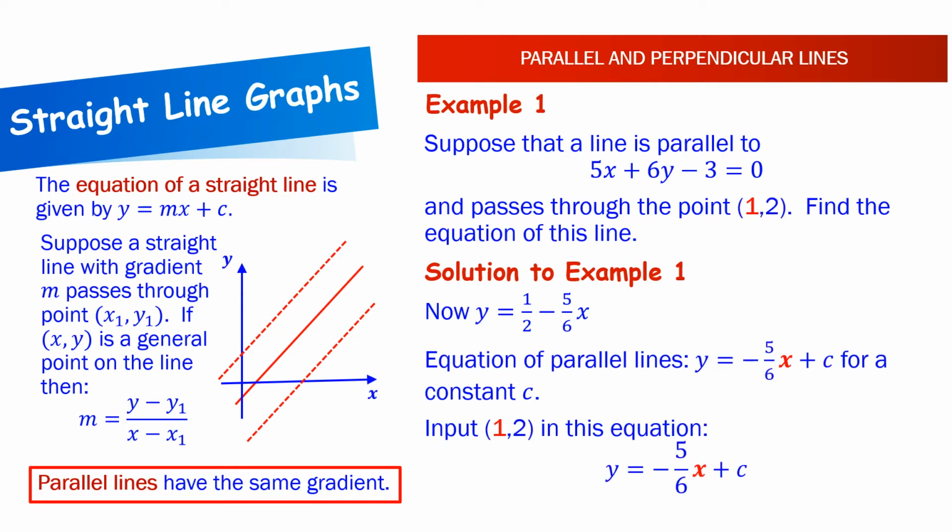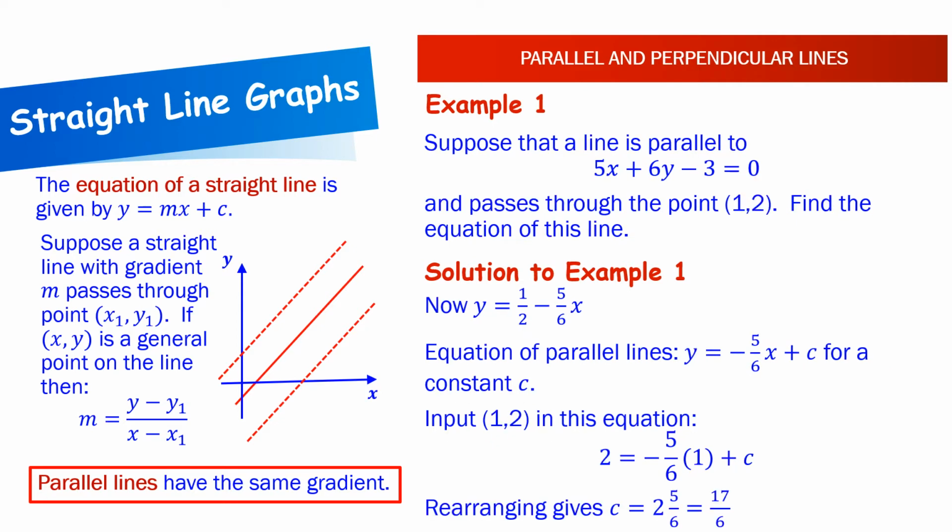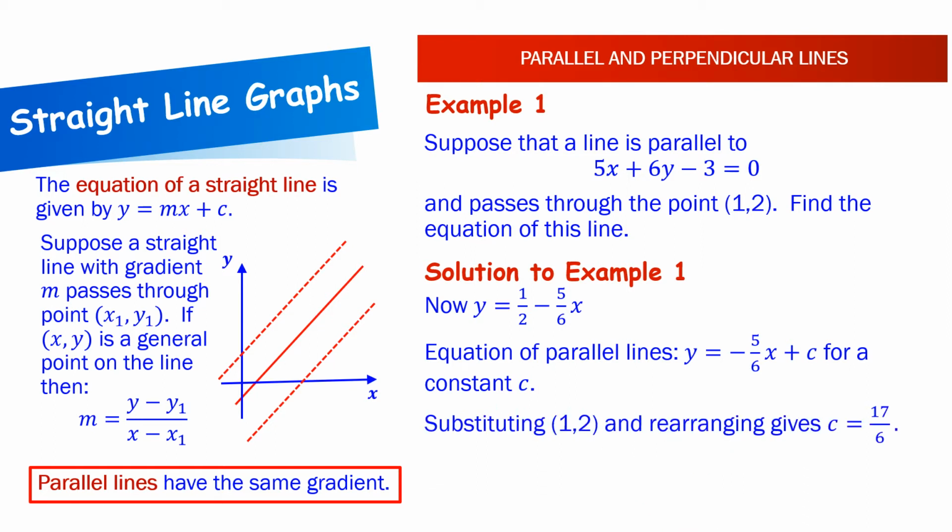X equals 1 here, as shown, and y equals 2 here. Then rearrange to give c equals 2 and 5/6, or 17 over 6. Therefore, the equation of the line is y equals minus 5 over 6 x plus 2 and 5/6.